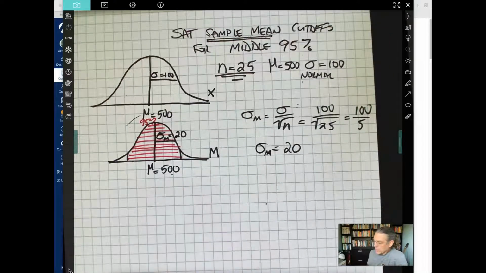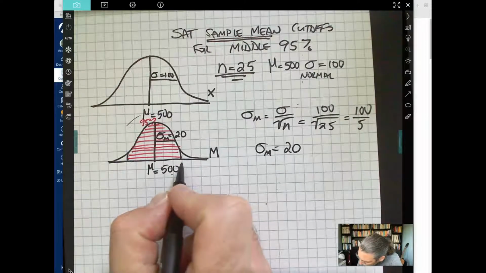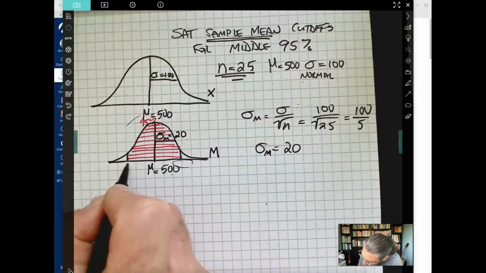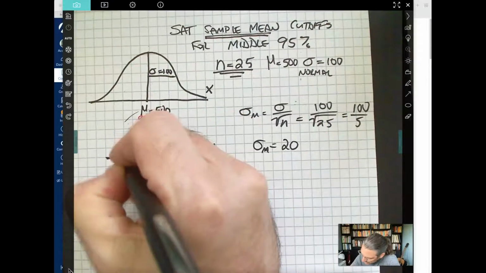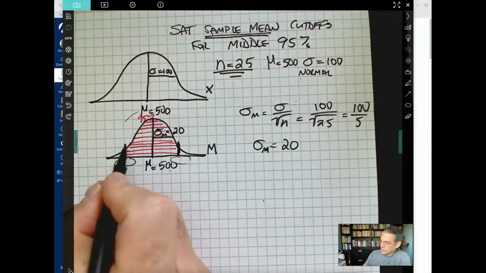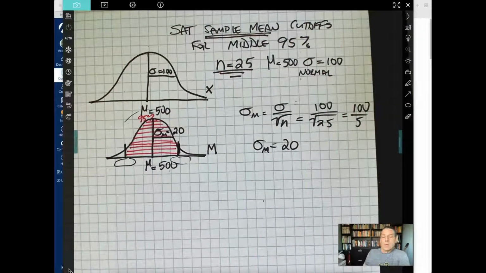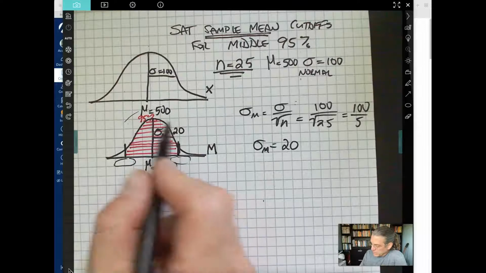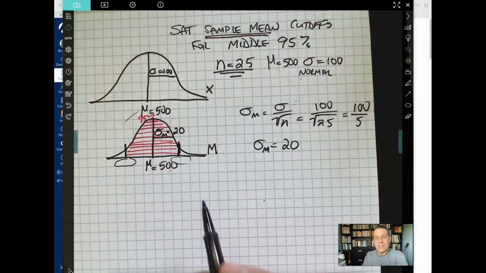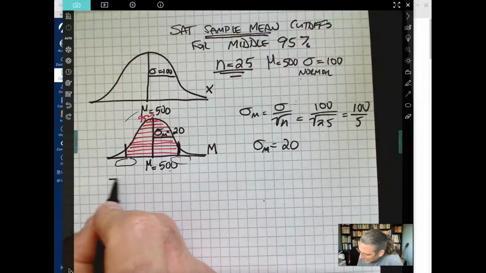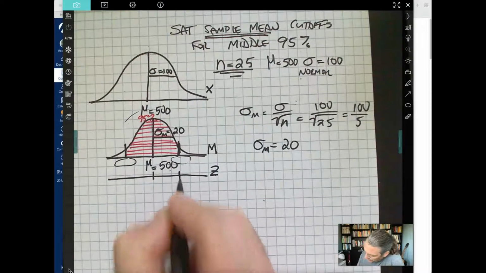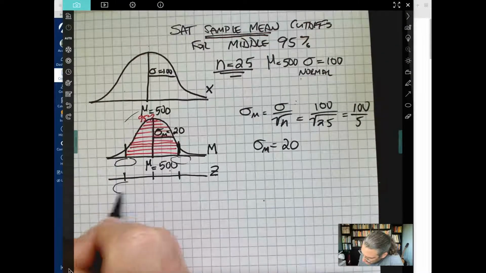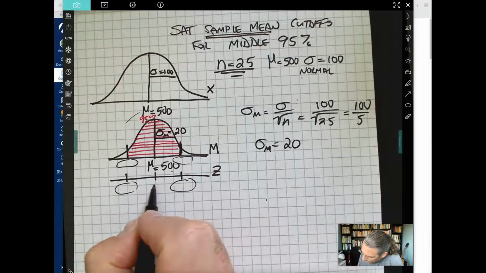What we want to do is find this score here and this score here. What are the sample mean cutoffs, the lower limit and the upper limit? To get there, what we need to do is figure out what proportion is shaded here so that then we can turn it into a Z-score. So what we're going to end up having down here is the Z-score scale. And what we want to find are these two Z-scores right here.